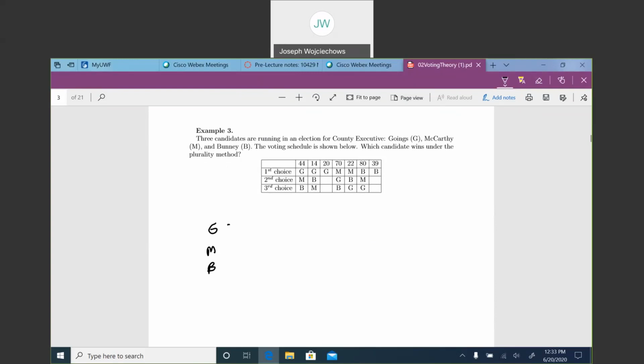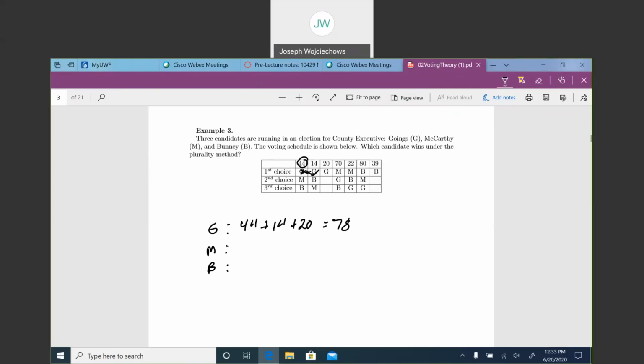So let's see what we have here. Goings, we have there, which is 44, right here. Goings again, which has the 14. And Goings again has the 20, which gives us what? 78? So Goings has 78 first place votes.